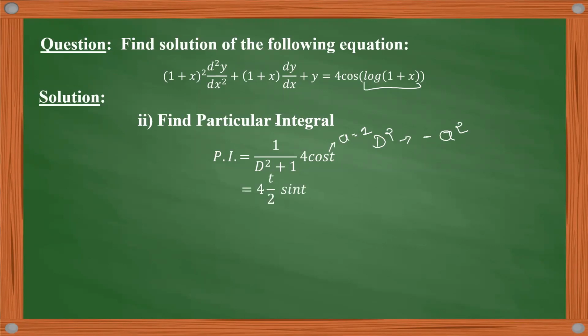So what we will do is, we have already seen the method of it. It will be the real part of e^(iαx). So I have directly written its solution. It will be 4 into t/2 into sin t, the real part of e^(iαx). So its particular integral is equal to 2t sin t.